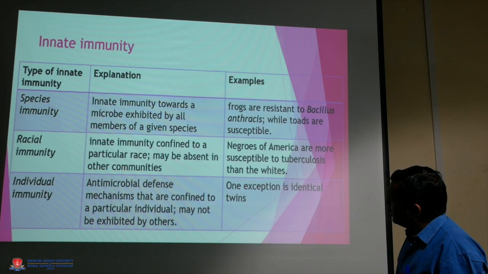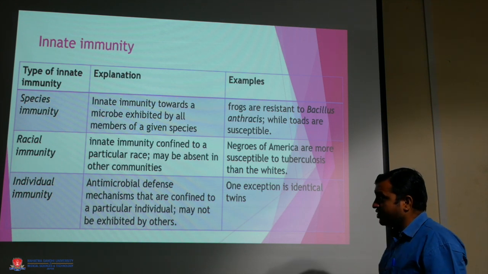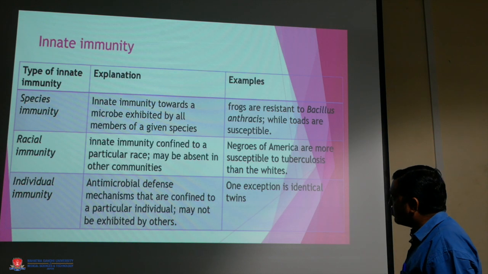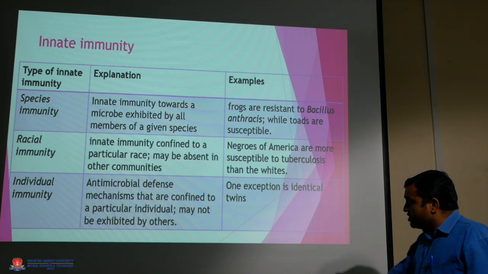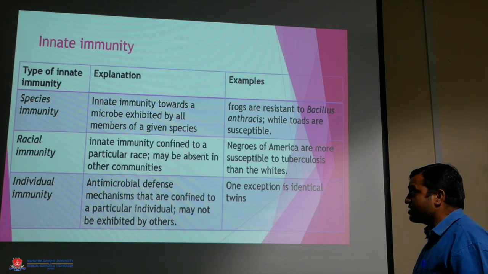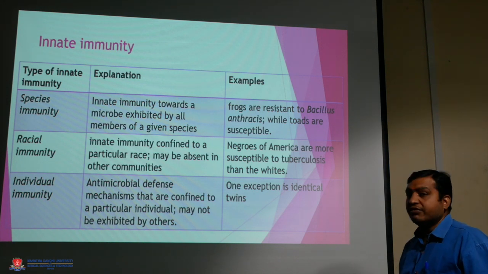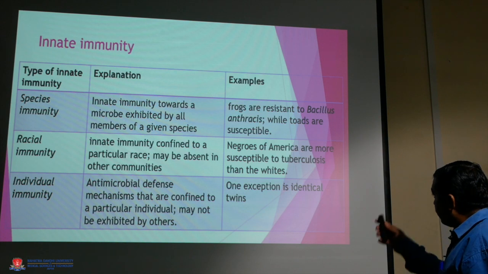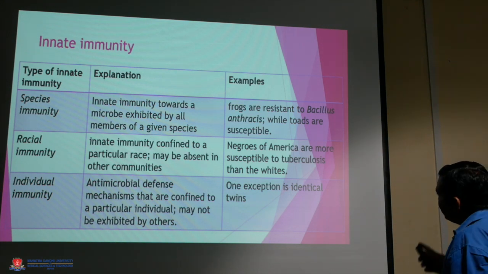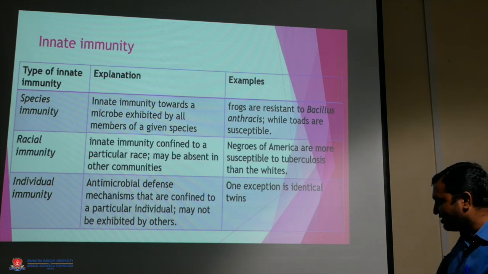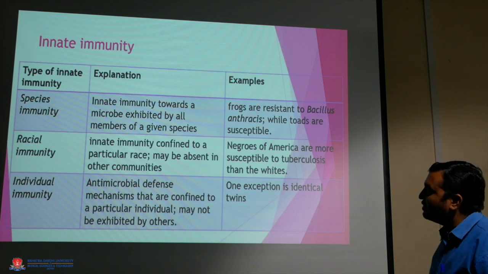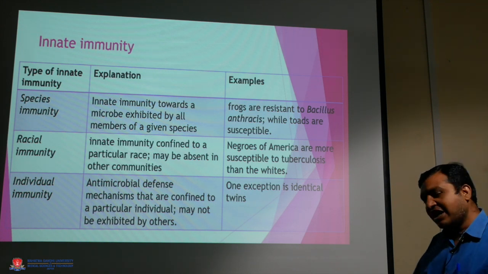Types of innate immunity: species immunity, racial immunity, individual immunity. Species immunity: innate immunity towards a microbe exhibited by all members of a given species. For example, frogs are resistant to Bacillus anthracis, while toads are susceptible. Racial immunity: innate immunity confined to a particular race, which may be absent in other communities.